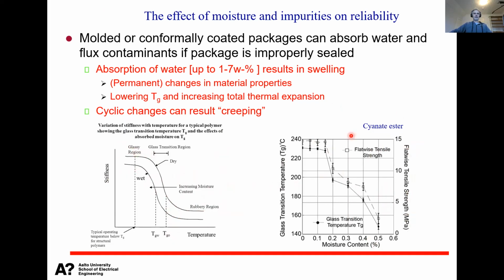So for example, here this, let's say, high performance substrate material cyanate ester, which as a dry material has a glass transition temperature clearly over 200 degrees centigrade, but if 0.5% moisture is absorbed, then the glass transition temperature drops down to 150 degrees centigrade, which is close to the, let's say, standard epoxies.